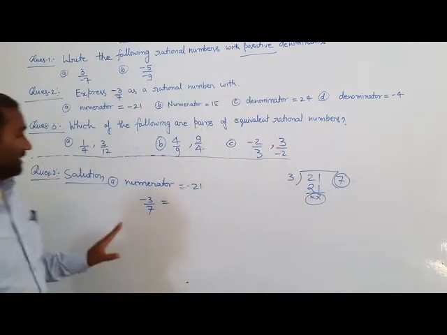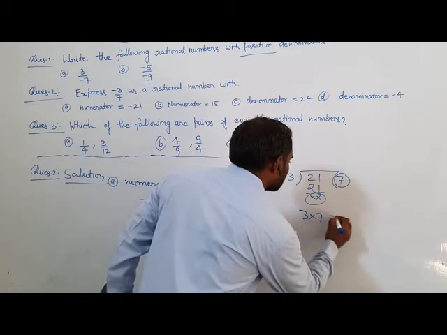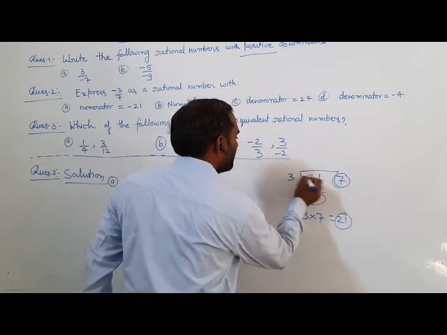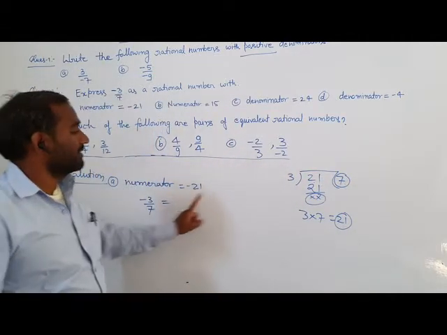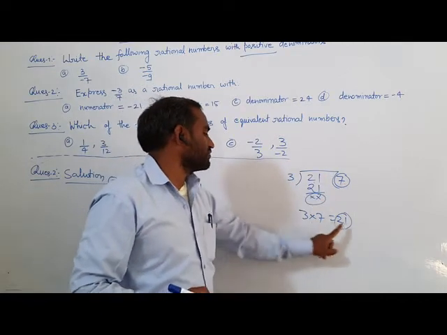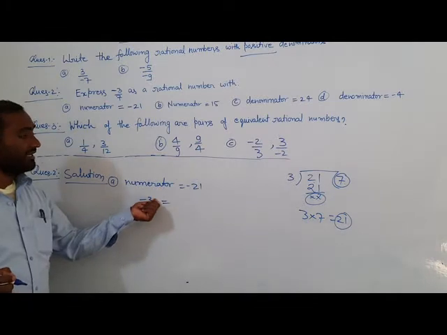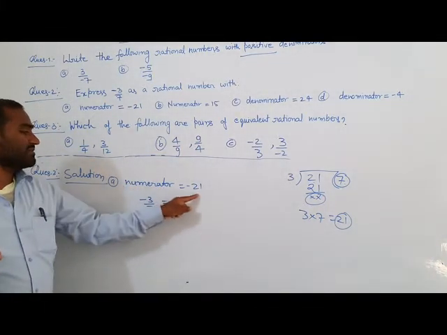So we multiply 3 into 7, because if you multiply 3 by 7, the answer will be 21. Numerator should be 21.